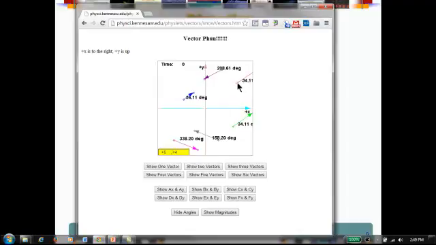Now for the second one, this one, lo and behold, it is also the same direction, 34 degrees. Now let me take the third one, same direction. Let's take, I believe, this is the fourth one.